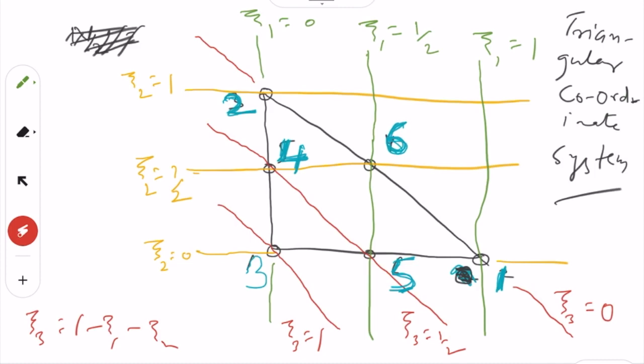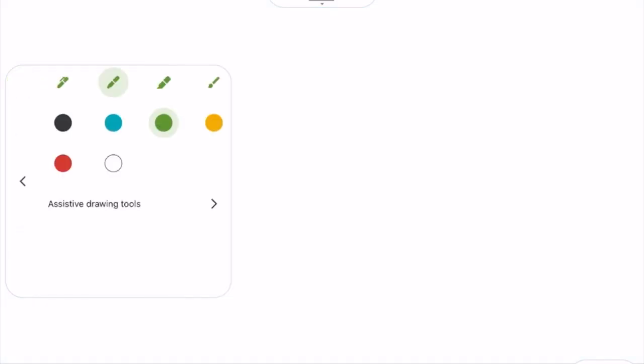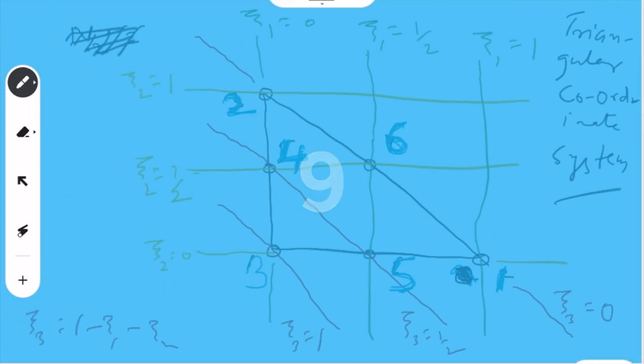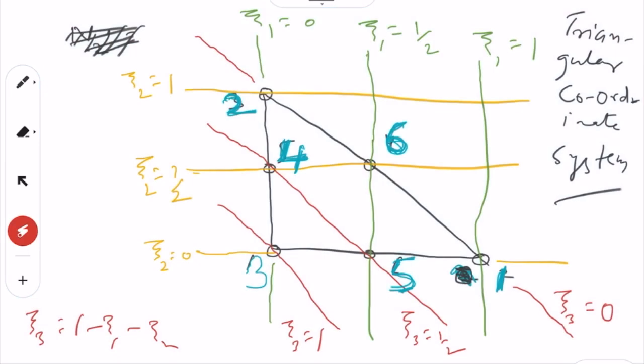Okay, so given the correct numbering now, we can find out what is the value of n1, n2, n3. So let's start with n1. n1 xi1 xi2. We will refer to this picture. So n1 is here. You know that all the other 5 nodes are on these 2 lines. This line has 3 nodes, this line has 2 nodes. So equation of this is xi1 equal to 0, so we multiply xi1, and the equation of this is xi1 equal to half, so we multiply xi1 minus half.